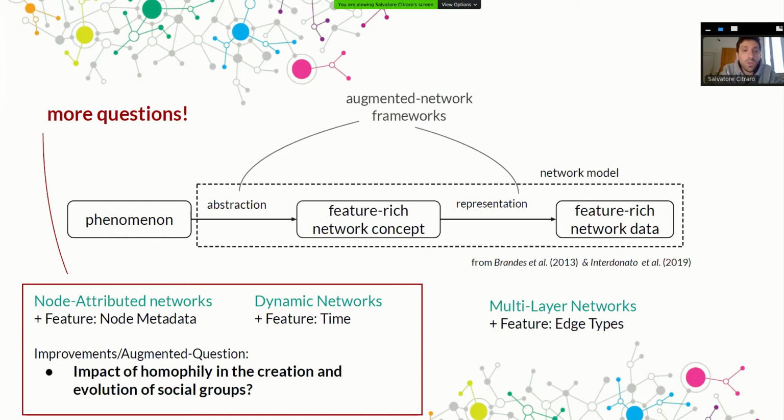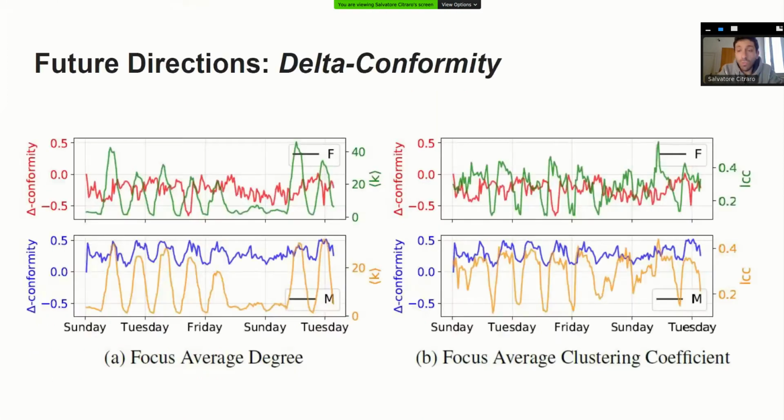Now our future direction is to define more complex variants of the measure. For instance, we are working on a delta conformity, which is basically a conformity dealing with time-varying paths in order to study homophily and time together.